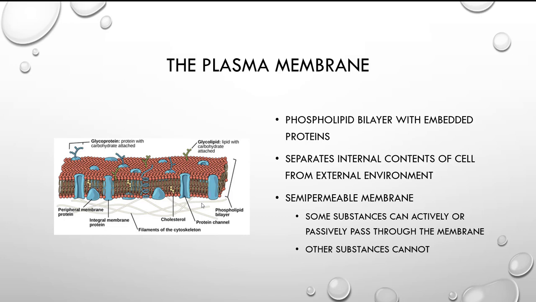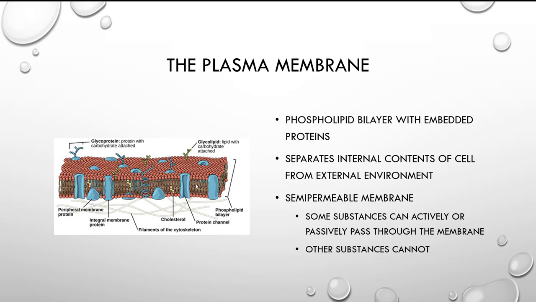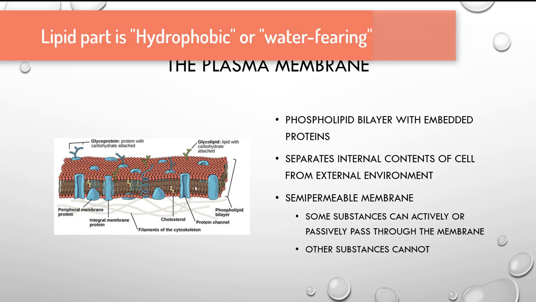It actually creates this specialized semi-permeable membrane because the phospho part is called hydrophilic. Hydro means water, philic means liking, so it's okay with water. Hydrophobic would be the lipid part. Think of lipids, fats, they don't mix with water.